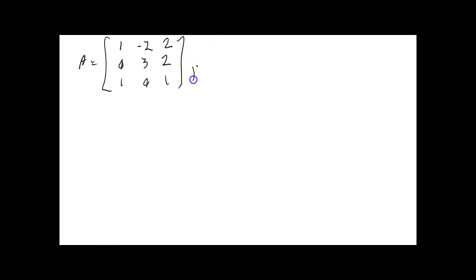Matrix B. 2, 0, 1. 0, negative 1, negative 2. 3, 1, negative 2. I don't trust my eyes today. Okay, I think I got it right.